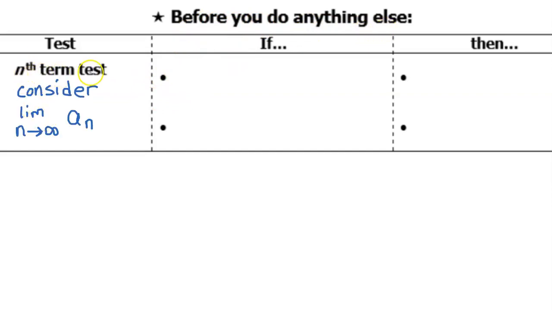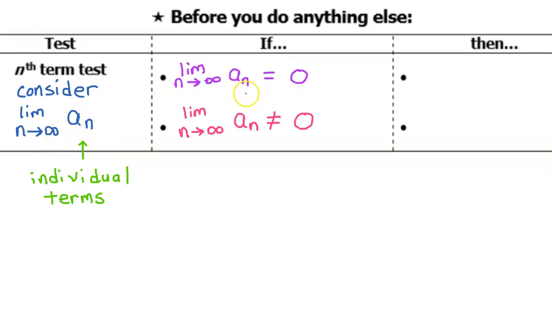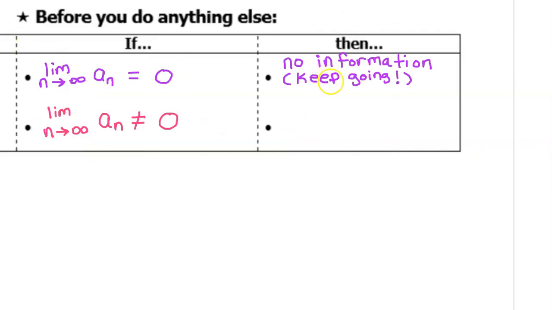To begin the nth term test, you consider the limit as n approaches infinity of a_n. Notice that we are talking about what happens to the value of individual terms as n approaches infinity, not partial sums. There are only two possibilities. Either the limit equals 0 or it doesn't. Here's the part I need you to memorize.